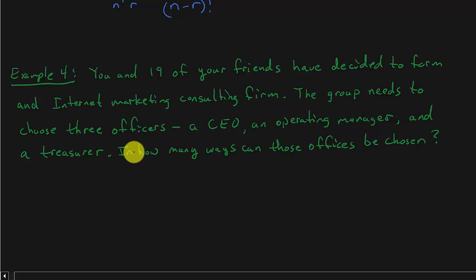In how many ways can those officers be chosen? Now, we're using a permutation. You know we're using a permutation because that's the section this is in. But when you take tests on this stuff, it's not going to tell you permutation or combination. Permutation and combination problems are all going to be mixed together, and you've got to decide which one to use. But yes, we know this is a permutation here.